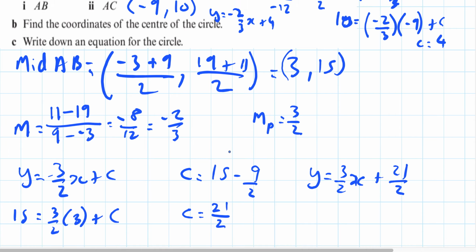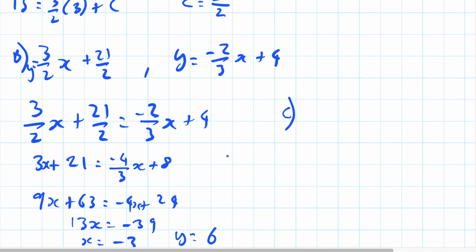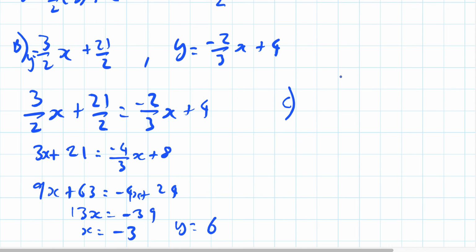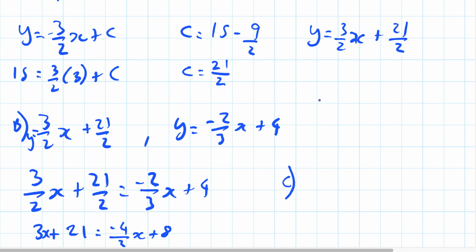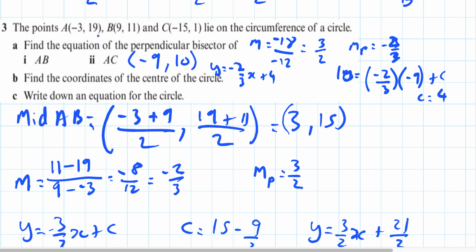Next part, it says find the equation of the circle. So to work out the equation of the circle, I've got the center, minus 3, 6. We just need to work out the radius. So for the radius, we just pick a point where it touches the circumference.